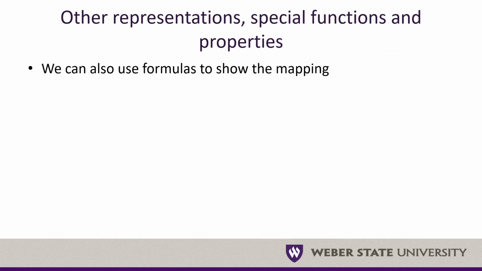Some other representations, we'll often use formulas. F of x is equal to 3x plus 2, or for those of you online or later on watching this, the one that I had earlier, where this is not in general going to be a function: F of x is equal to 4 square root of x minus 2.